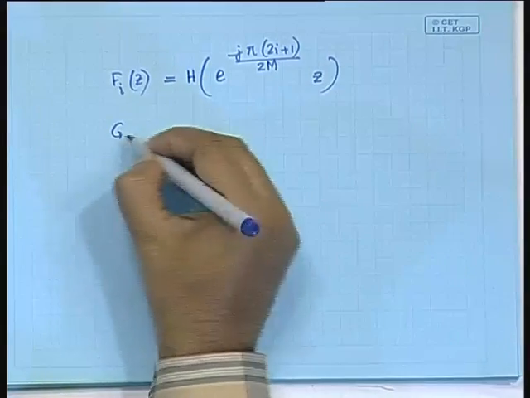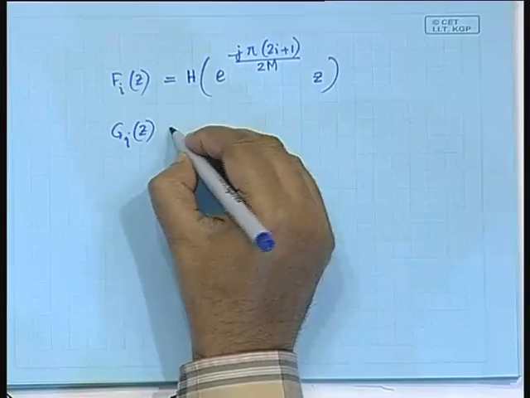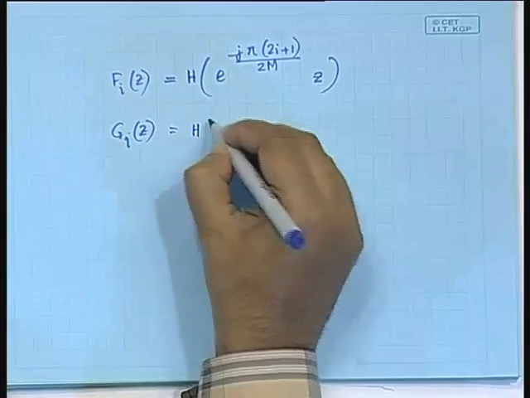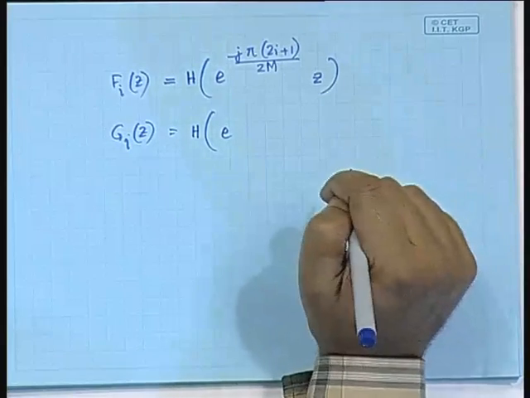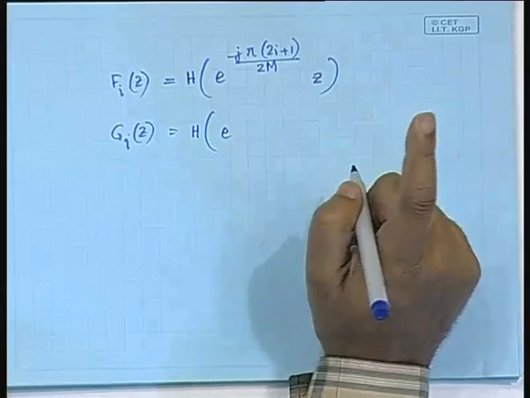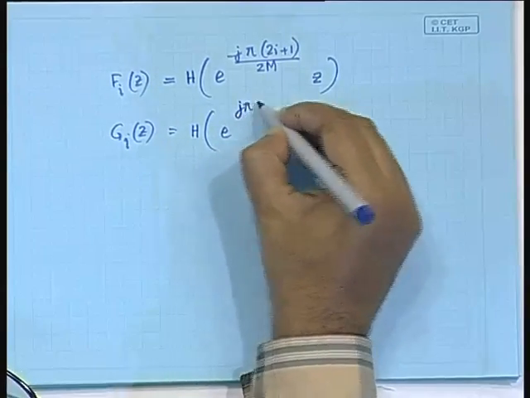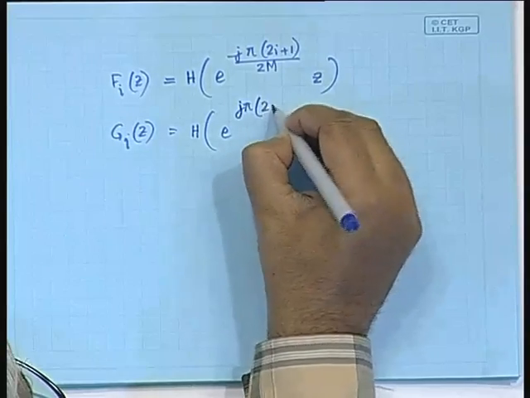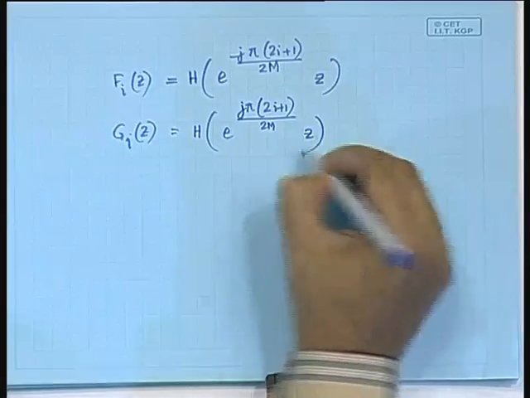and the G0(z) component, or in general the Gi(z) component, will be written as h of e to the power j, not the minus sign, because this refers to the negative center frequencies. So, it will be written as e to the power j pi (2i plus 1) by 2M, z.